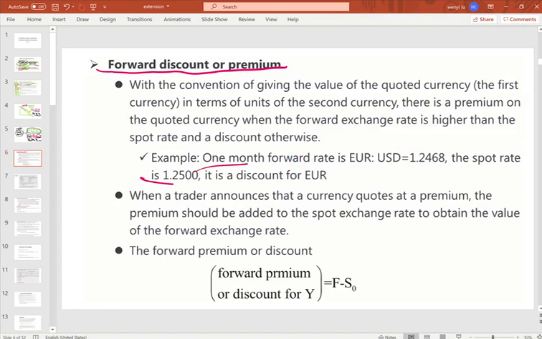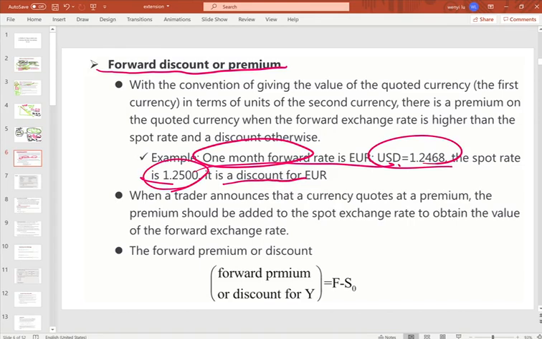You can see here the 1 month forward rate is less than our spot rate. So we have a forward discount. What's the discount in percentage? We can use our calculation: 1.2468 minus 1.2500 over 1.2500, the spot rate, times 100%.